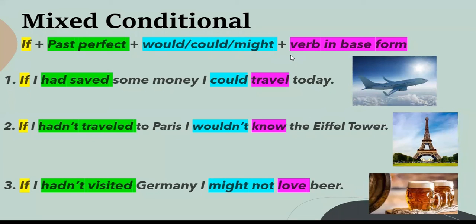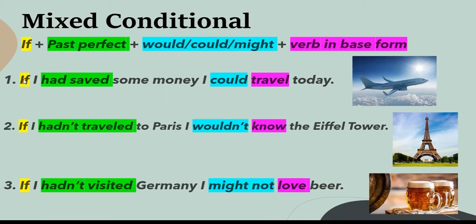Because remember that mixed conditional is the present result of something that happened in the past, okay? So it is basically a present result, something that is already happening today because of something that took place in the past. So, number 1, if I had saved some money, I could travel today.